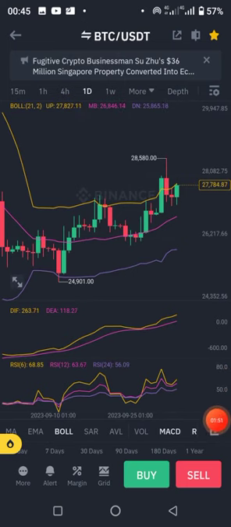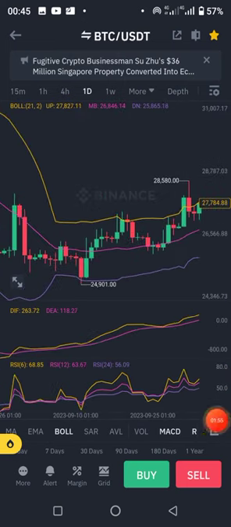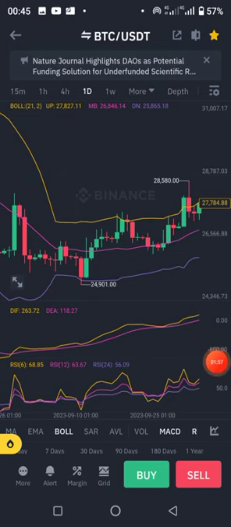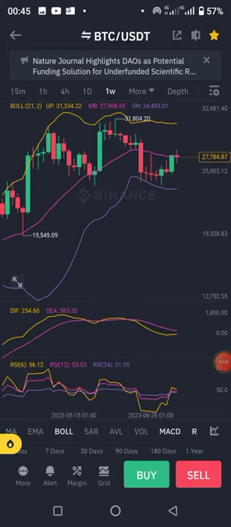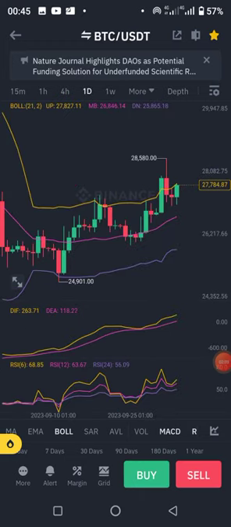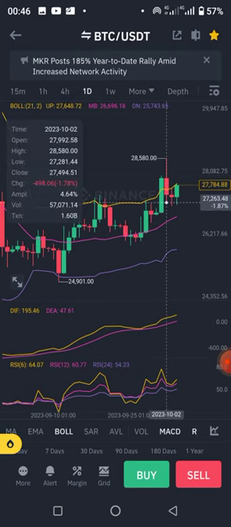There was a bullish movement from around, okay, we're in the 1 day time frame. So let's go to 1 week and see. No, let's use the 1 day. Okay, there was a bullish movement, let's say yesterday, 2 days ago. Let's see what it says.